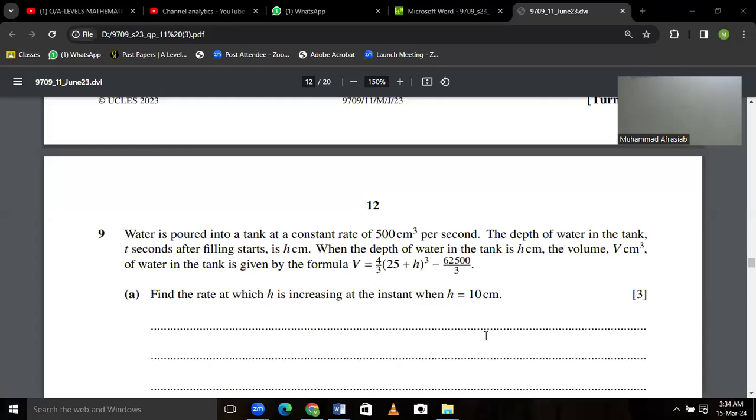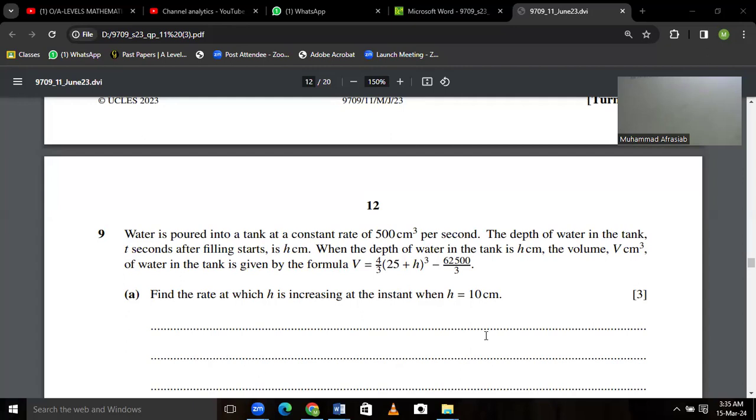Now we are solving question number 9 of this topic. Water is poured into a tank at a constant rate of 500 centimeter cube per second. The depth of the water in the tank t seconds after filling starts is h centimeter.